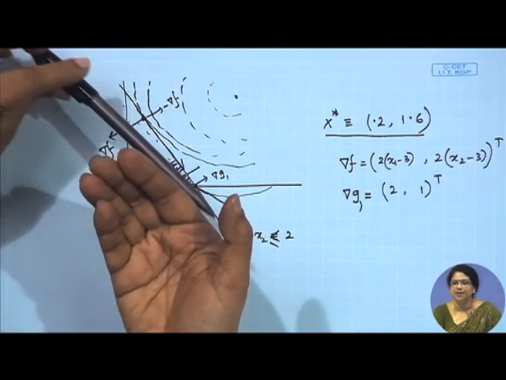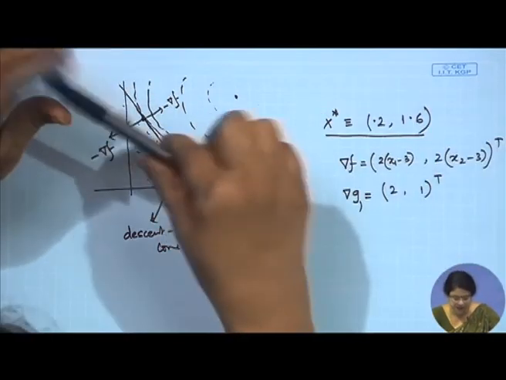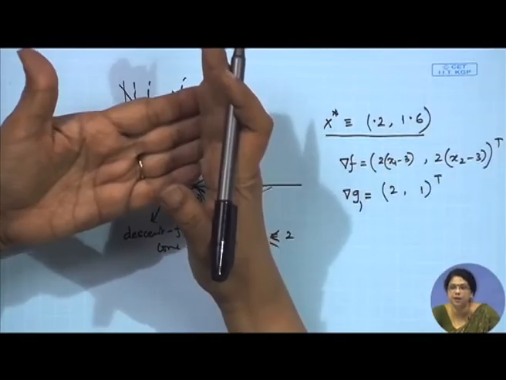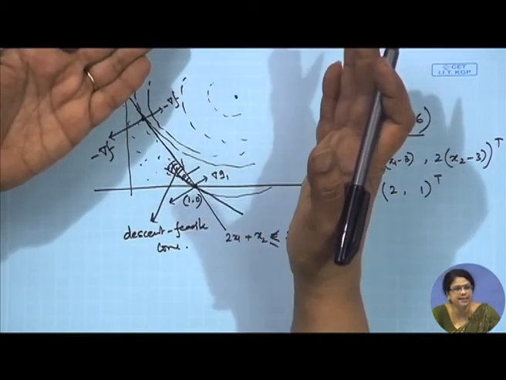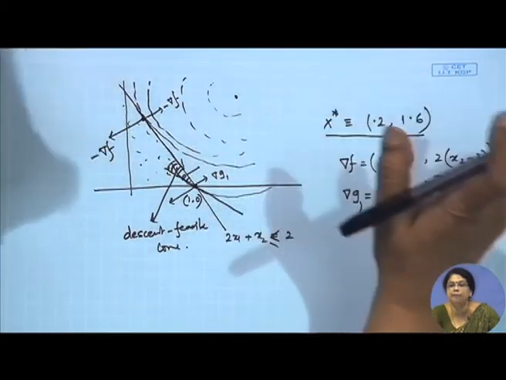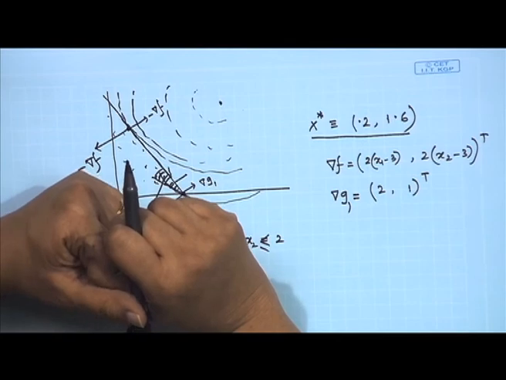What is the feasible direction? If I ask you what would be the combination of the feasible and descent direction, that is empty, because there is no point which falls under feasible as well as descent direction at the optimal solution. There is no intersection region of these two spaces, one this side, another this side.